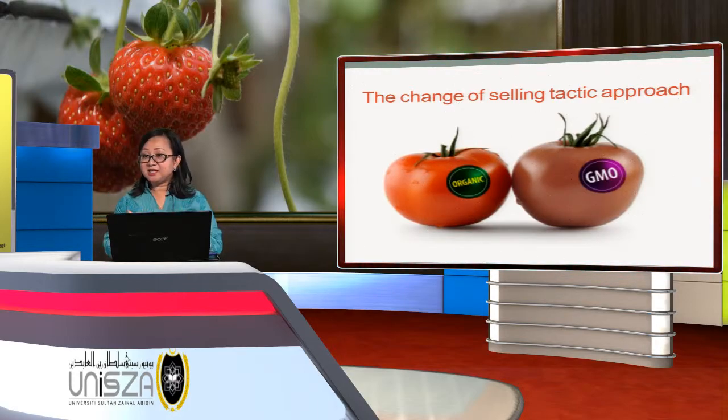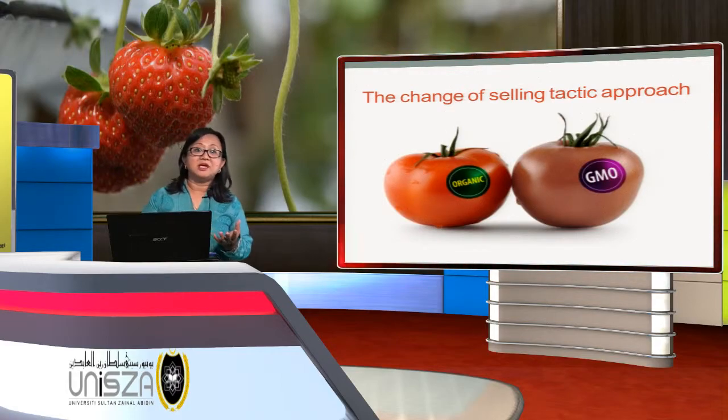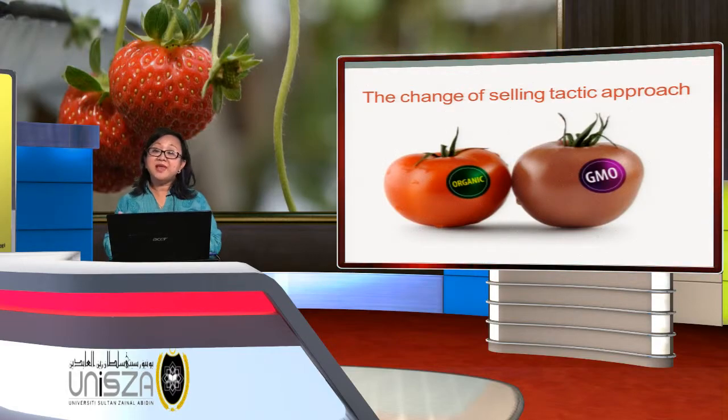One of the tactics will be: our tomatoes are homegrown products planted by using only organic fertilizers. Prior to sale, we ensure that we comply with local government guidelines in producing organic products.